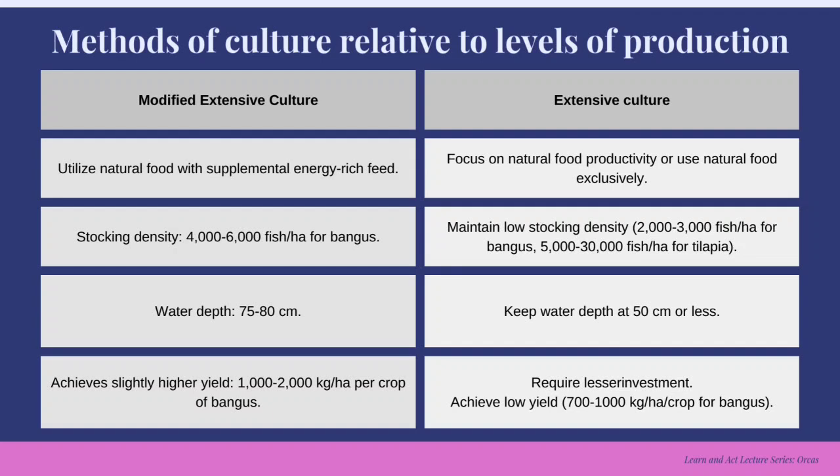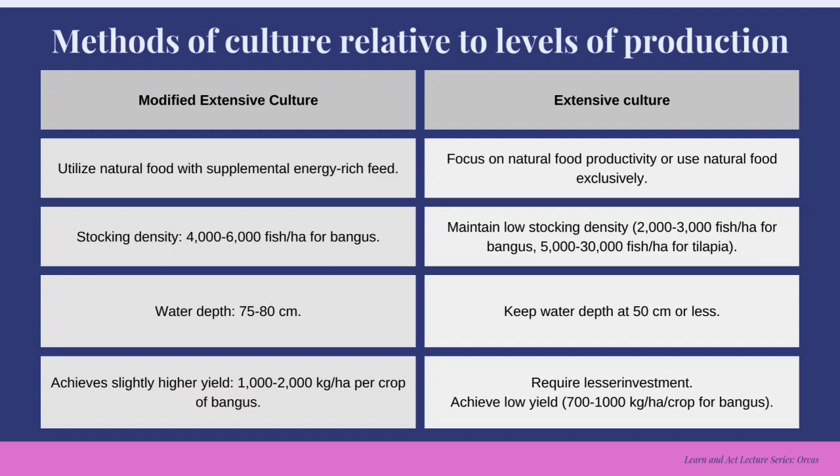In terms of yield and investment, modified extensive culture achieves a slightly higher yield with 1,000 to 2,000 kilograms per hectare per crop for bangus, but requires more investment. In extensive culture, it has lower yields with only 700 to 1,000 kilograms per hectare per crop for bangus. But in terms of cost effectivity, it is more efficient compared to modified extensive culture.